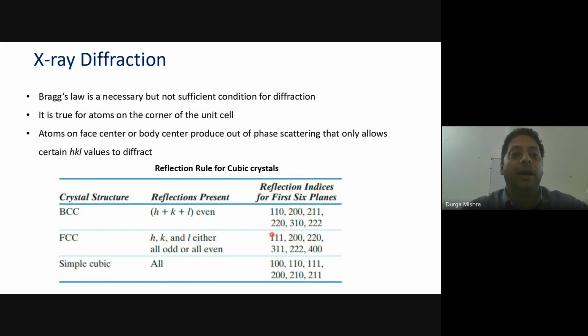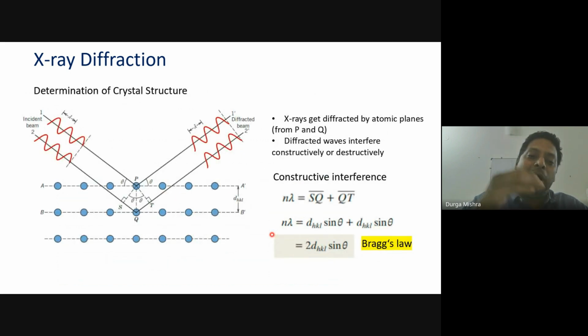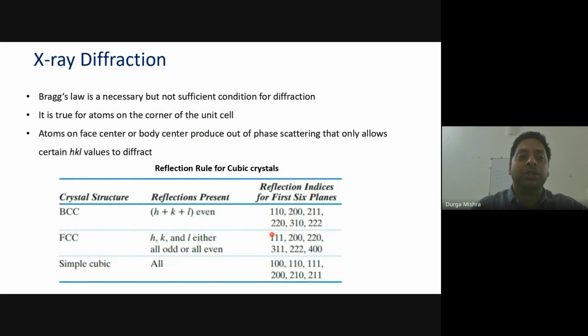But remember, this Bragg's law is a necessary condition, but it is not a sufficient condition for diffraction. What it means is that even if you have a set of planes which satisfy Bragg's law, they may not give rise to a constructive interference. Why? Because Bragg's condition assumes that the diffraction happens from the atoms which are in the corners.